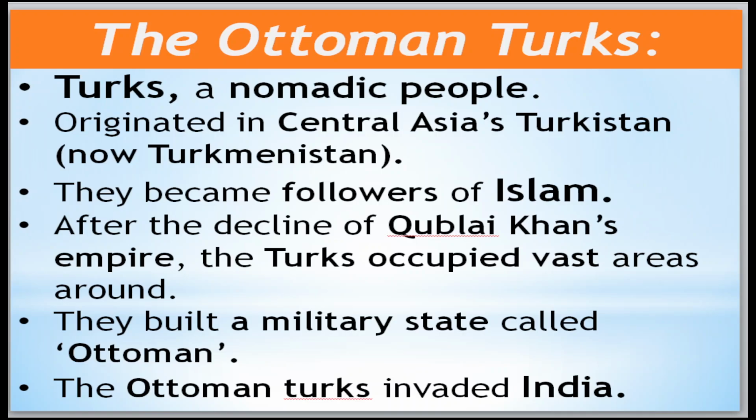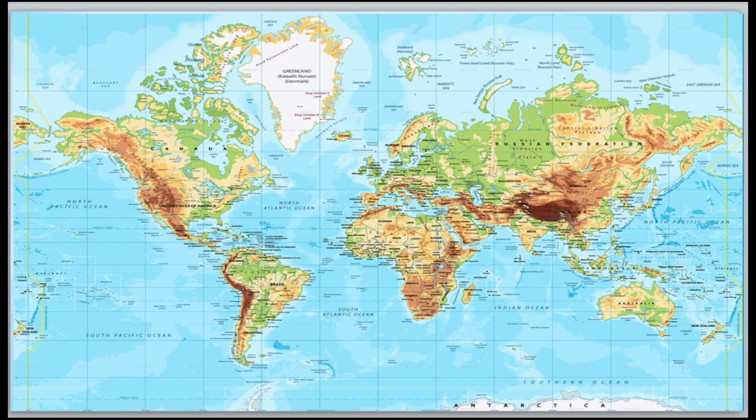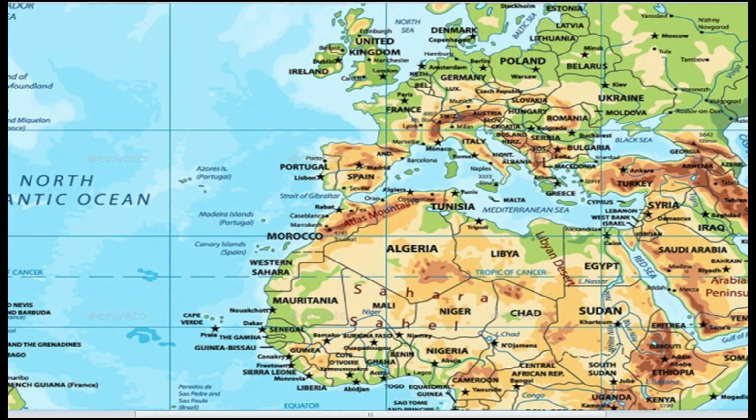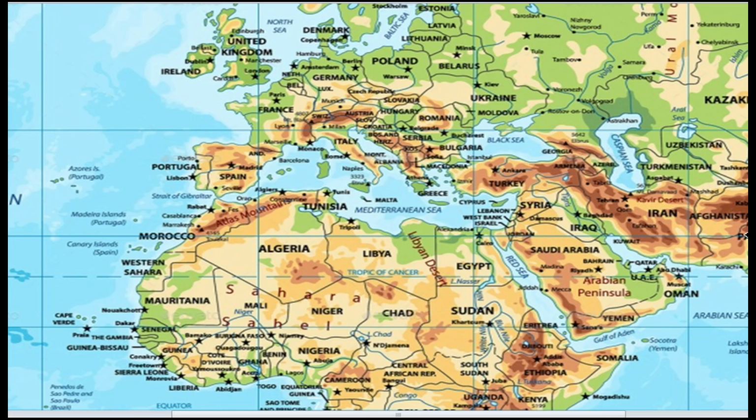They originated in Central Asia, in Turkestan, which nowadays we call Turkmenistan. Here it is India, and here is Pakistan, sorry, Afghanistan. After Afghanistan, here it is Turkmenistan. I hope you understand.